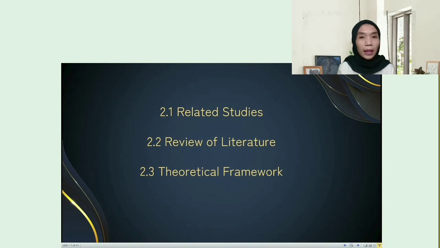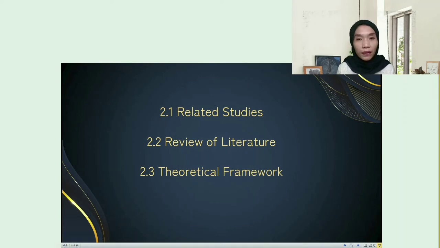For 2.1, related studies, you may find related studies in terms of the same object or the same issues or concepts. So any indicators, whether it's the object, the concept, the approach, or the issues, will be okay to put as related studies.